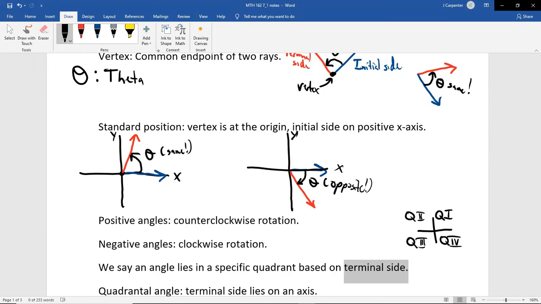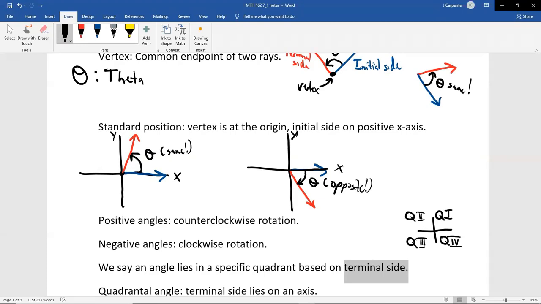Here's the reason. Because when your initial and terminal sides are on the positive x-axis, when they're the same line, we call that 0 degrees. And as that terminal side, as the red one, swings, we go to 1 degree, 2 degrees, 3, 4, 5, 6, 7, 8, 9, 10, and so on, until we hit about 90 degrees. So from 0 to 90 degrees is in quadrant 1.